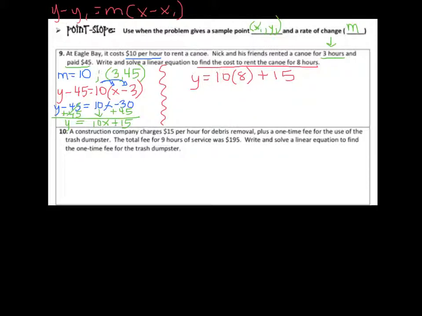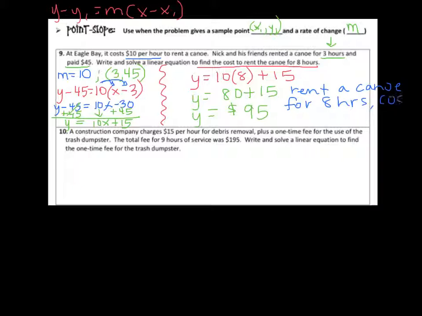So whenever I solve that, I get that y is equal to 80 plus 15, so y must be equal to $95. Okay, so that means that to rent the canoe for 8 hours, the cost would be $95.